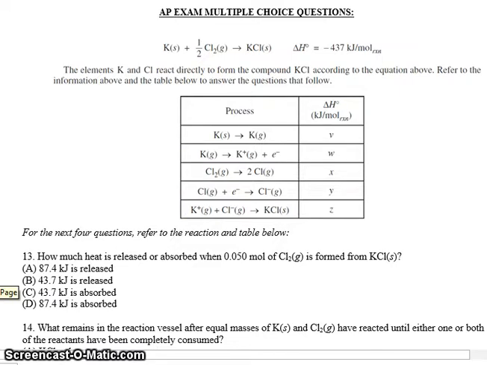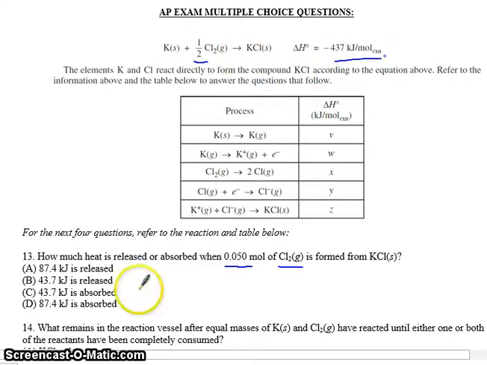The first question says, number 13, how much heat is released or absorbed when 0.050 moles of Cl2 gas is formed? So this is a quick stoichiometry question, and because we have ourselves 0.050 moles of Cl2, it looks like 1/2 of Cl2 forms this much heat.